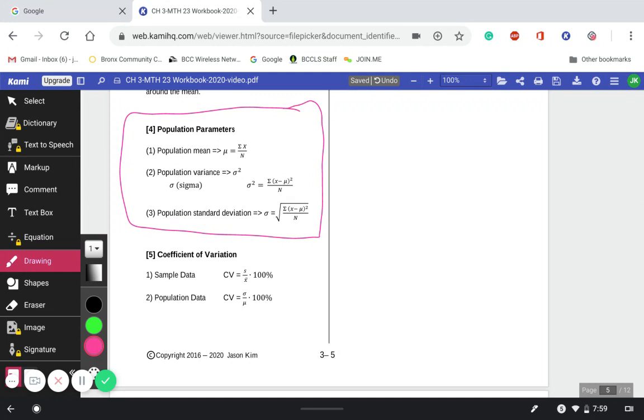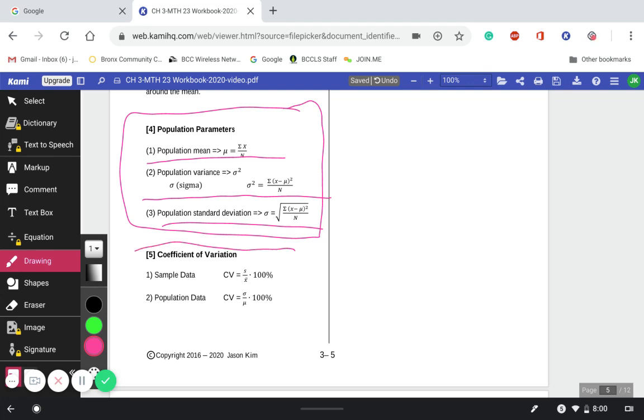Here is a formula for the population mean, how to get the population mean, and this is a formula for the population variance, sigma squared instead of s squared. And here is a formula representation of the standard deviation of population data. Okay. Now we're going to do some practice on this, so hold your breath for a while.